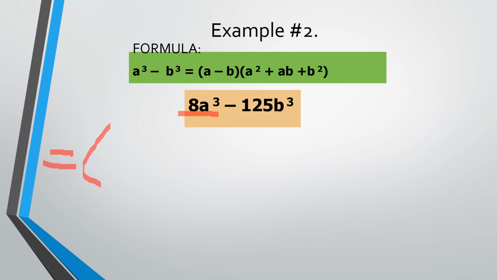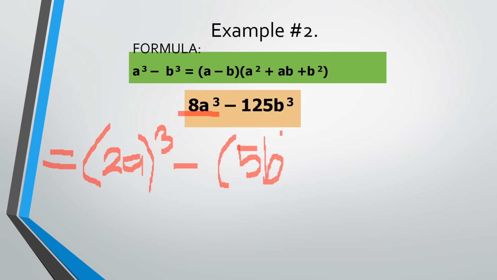The cube root of 8a cubed is 2a, close it, raise it to the power of 3, minus open parenthesis, the cube root of 125b cubed is 5b, raised to the power of 3. So we have now our a, and this will be our b.